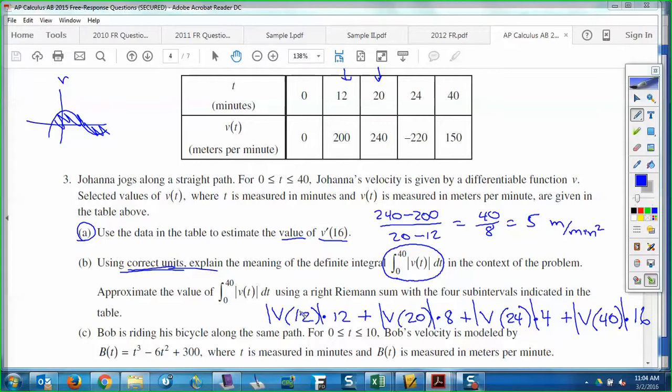So it's going to be 200 times 12, which would be 2,400, plus 240 times 8. Jeepers.